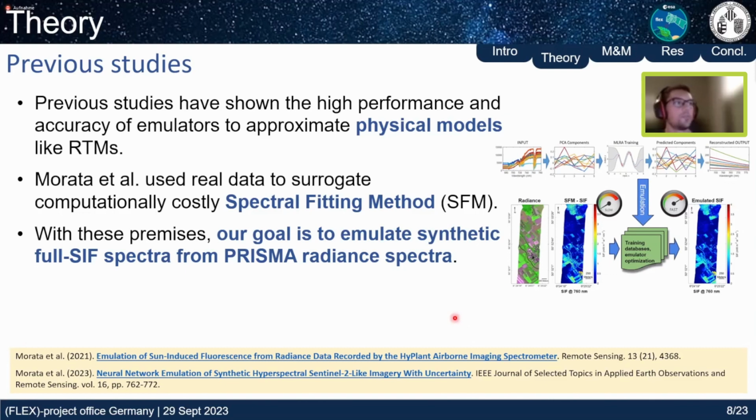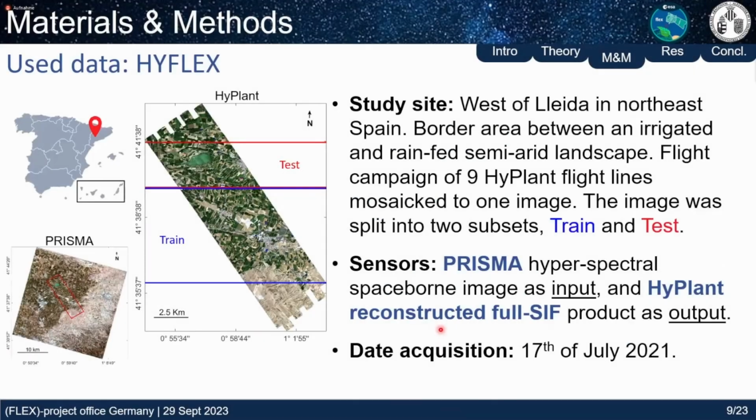So with these premises, our goal is to emulate the synthetic full SIF spectra that we will obtain with our method from PRISMA radiance spectra. The data that we used was based on a HyPlant campaign called HighFlex. The campaign was west of Lleida, in northeast Spain, and it covers a border area between irrigated and rain-fed semi-arid landscape.